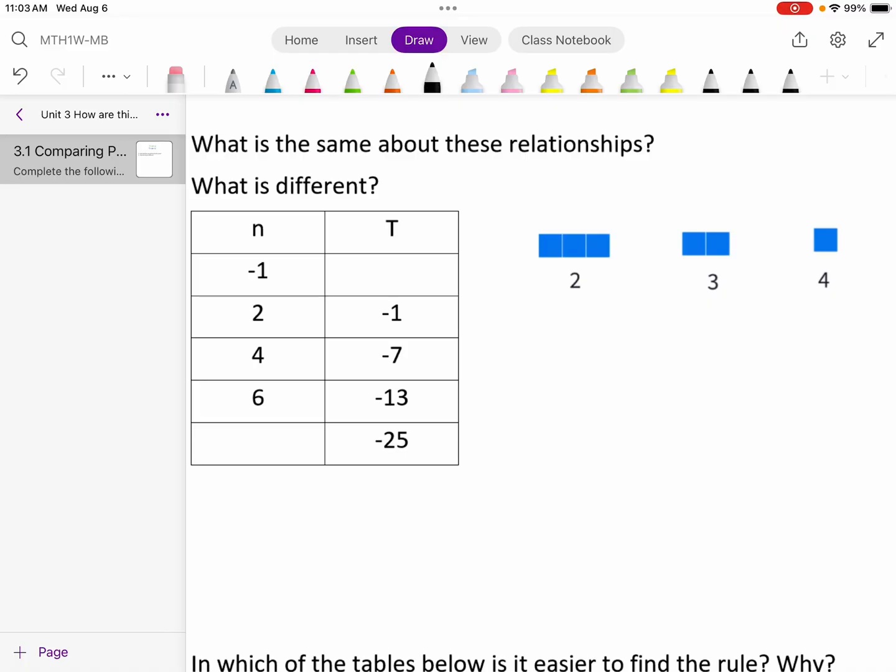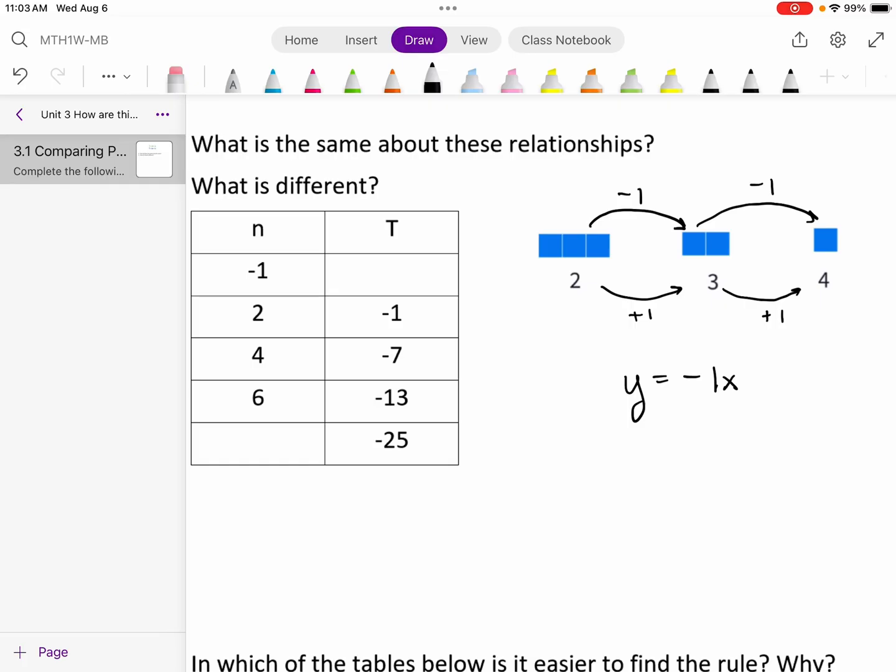Okay, so again, I tend to go to patterns first. It's just my area that I feel most comfortable in. So from position 2 to position 3, I am changing my position by 1. In this case, I'm taking 1 box away. So my rate of change is take away 1, so negative 1x.